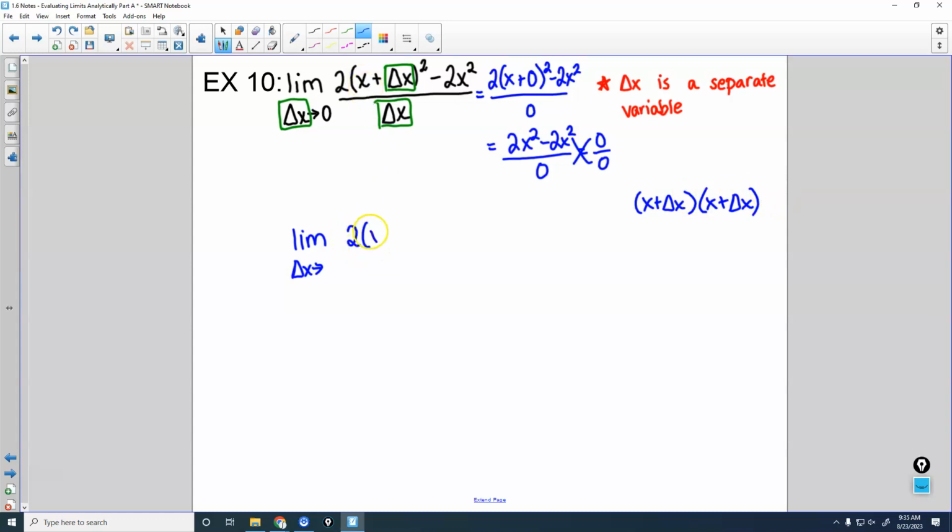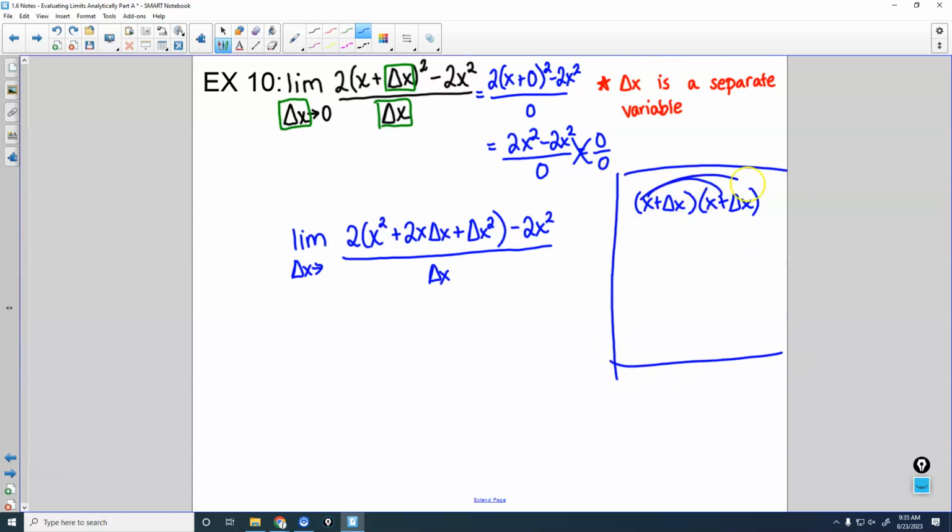So x squared is x squared. X times delta x and double it is going to be your middle term. So 2x times delta x. And then the last term of that is going to be delta x squared, minus 2x squared, all over delta x. Okay, if you need to, over to the side, distribute here, you'll get the same thing I got here in the middle.